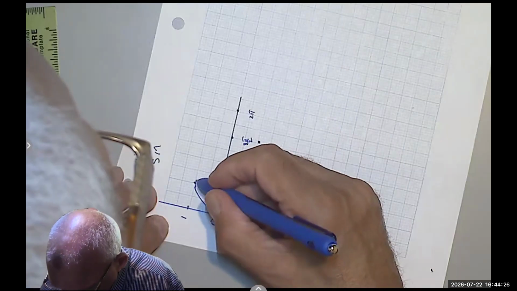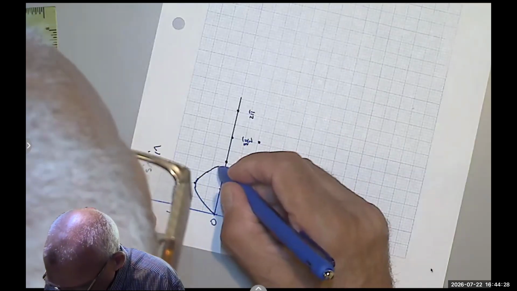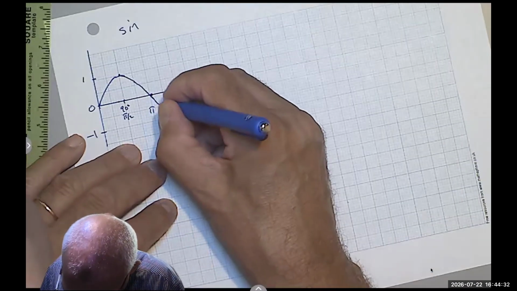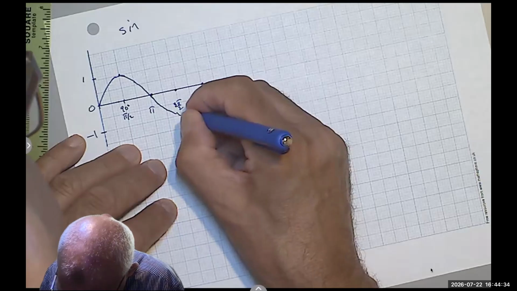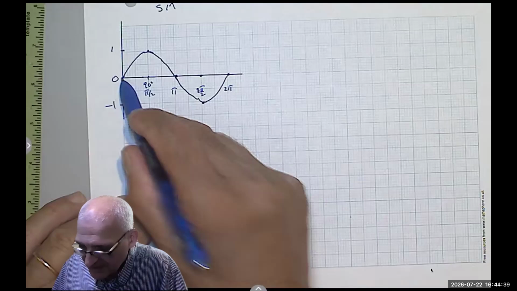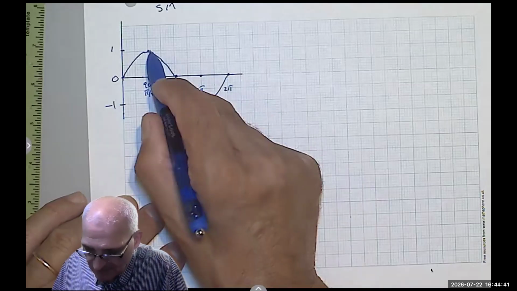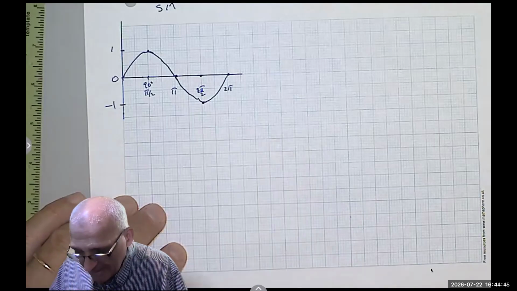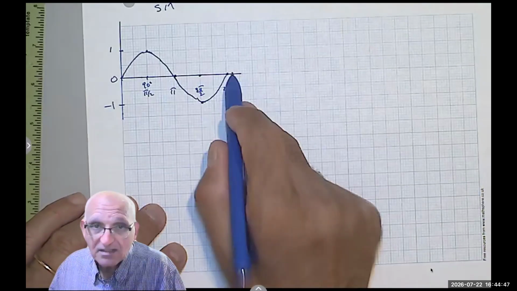Again, they won't charge you for not having the accurate values, but the general shape should be like that. It should start at 0 and end at 0. The maximum is 1, the minimum is -1 at 90 and at 270, and it's 0 at 0, 180, and 360.